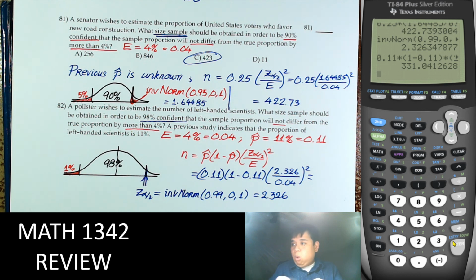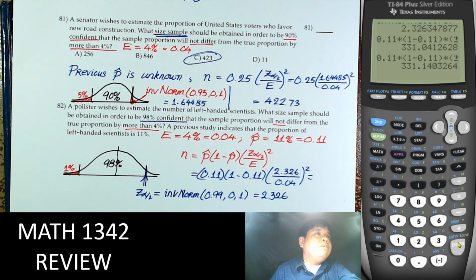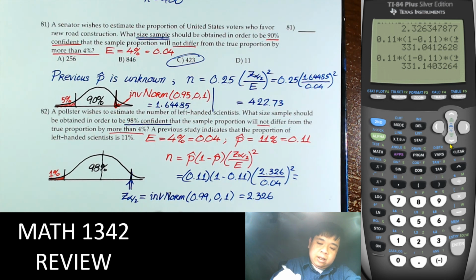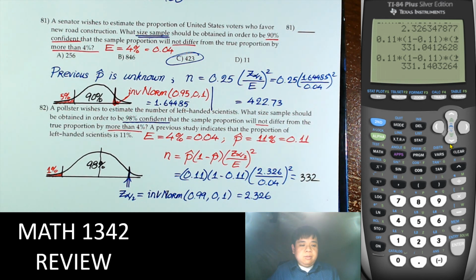We have 331. Of course, if we take a few more digits, if we want to be more accurate, it's fine. So I will stack a few more. Right, so we have that. It's about 332.